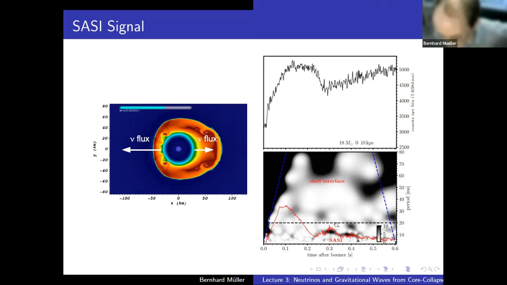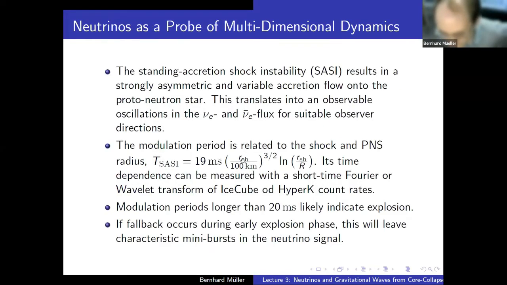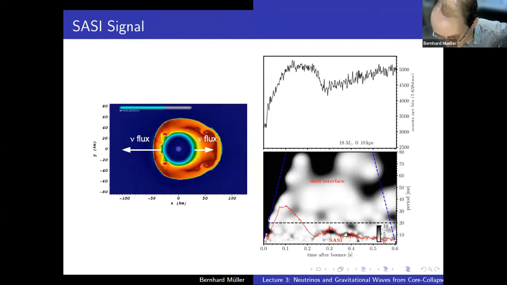And I show you here this red curve depicting this analytic relation, which fits the actual signal very well. So if you see some structures like this in your signal, you can actually say, I had a shock here at this time with that radius.